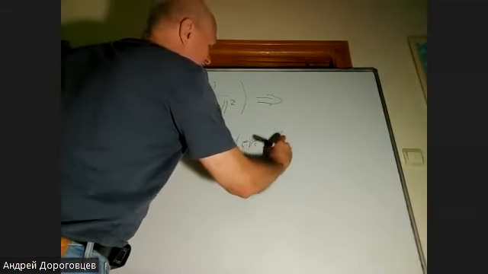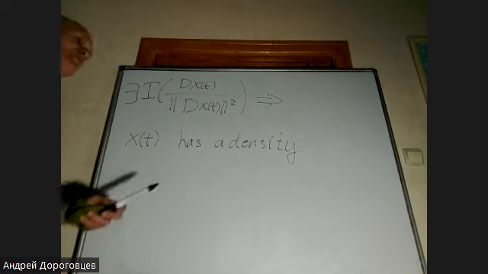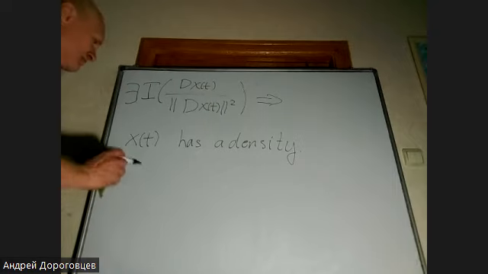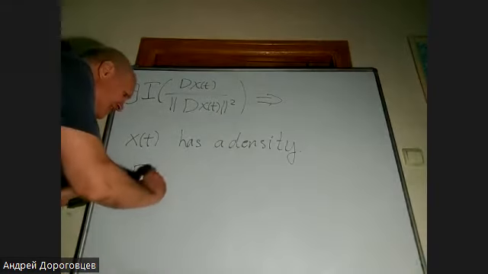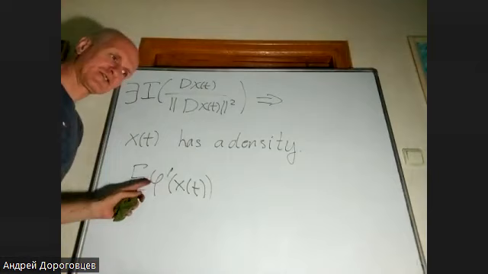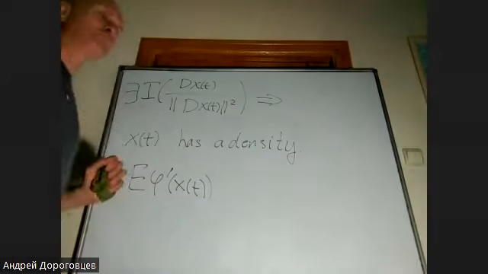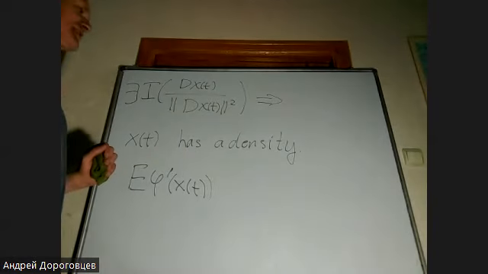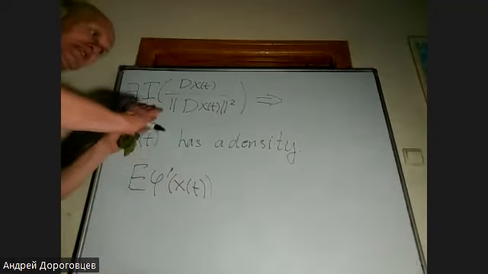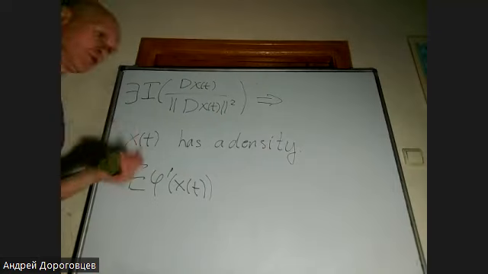Of course, this is just a preliminary result, because one can consider not only such expectations of phi prime of xt, but also functions of a special kind like exponents, and then get a more serious estimation for the density of xt, not only that it is bounded by a constant, but that it decreases like a Gaussian density at infinity.